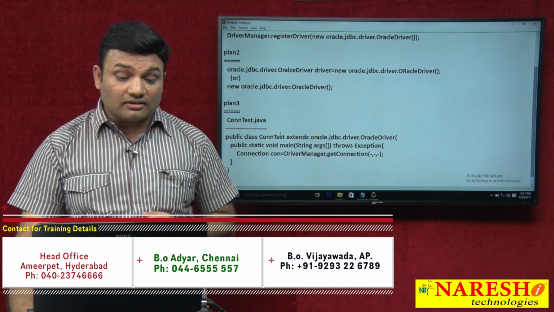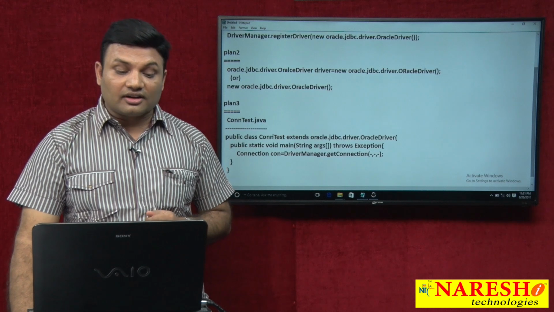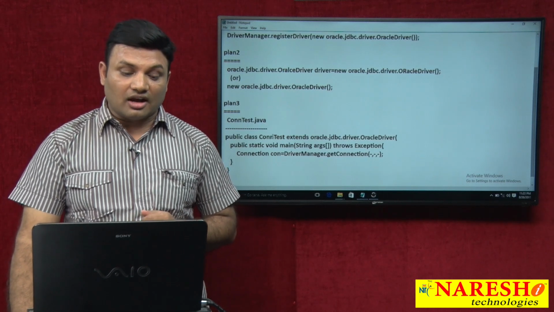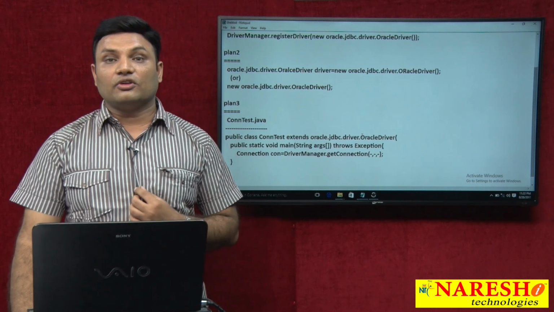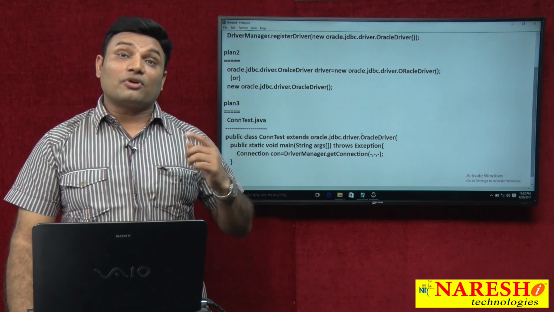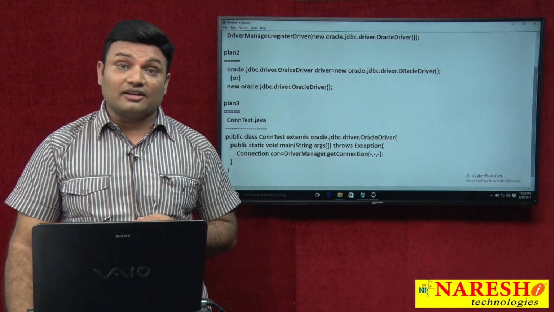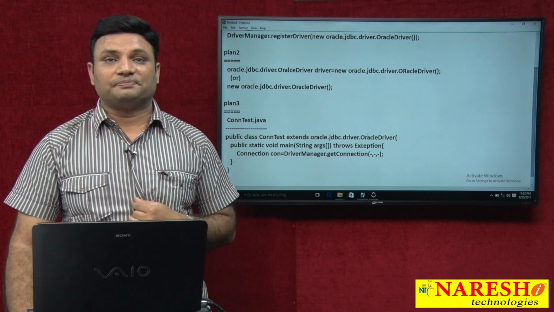What is the super class of our current class? OracleDriver. So whenever we run this application along with the ConTest class, will the OracleDriver class also be loaded or not? Yes. In this process, does the static block of the driver class execute or not? Yes. Due to this, what happens?